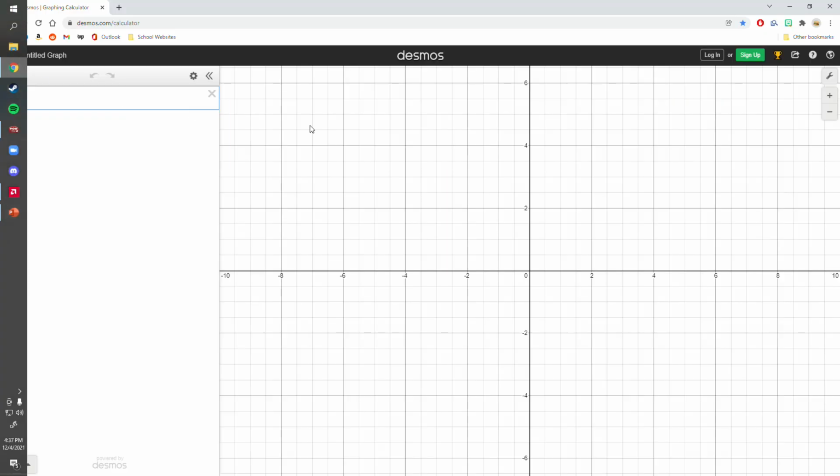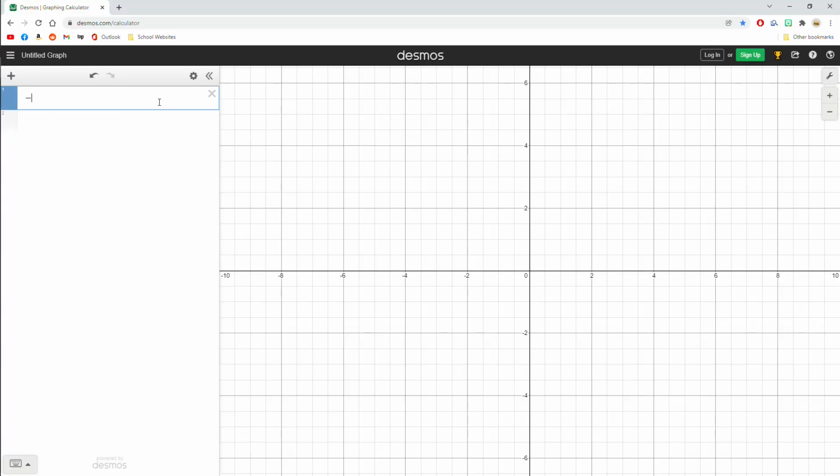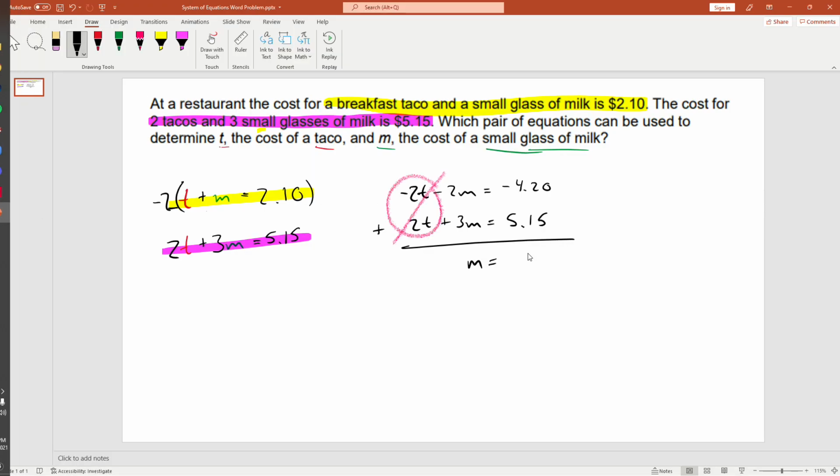Let me just double check with my calculator real quick. It was negative 420 plus 515. Okay, 95 cents. Great. So M equals 95 cents. Let's use one of these 2 equations to find out what the taco price is.